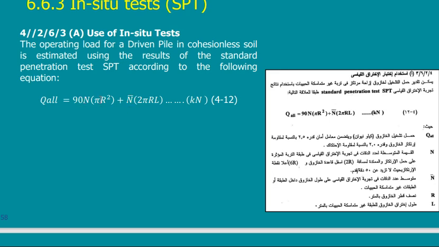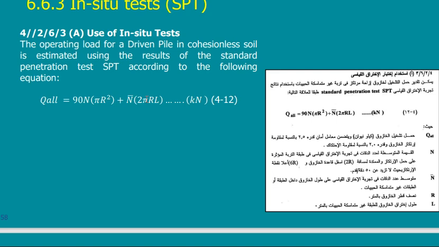But this is multiplied by pi r squared. Pi r squared means the area of the pile. The area of any circle is pi r squared, so pi r squared is the area of the pile. The other term is 2 pi r multiplied by L. 2 pi r is the circumference, multiplied by L, it means the surface area.